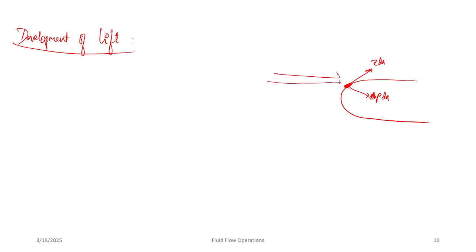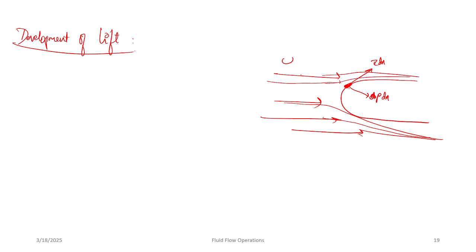This is the flow which is coming in this direction with uniform velocity. So total surface area will be A.